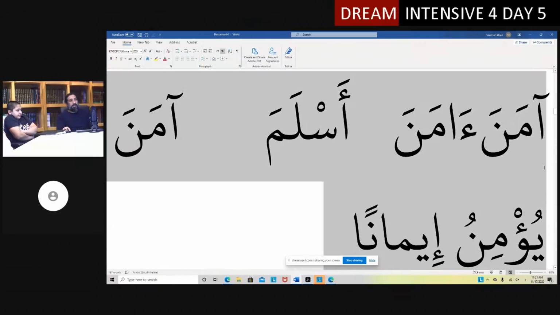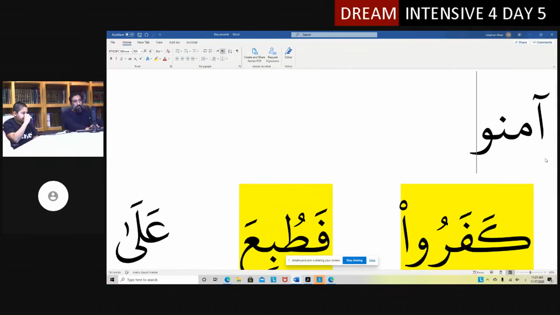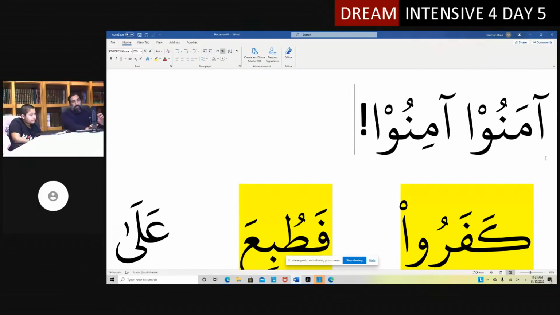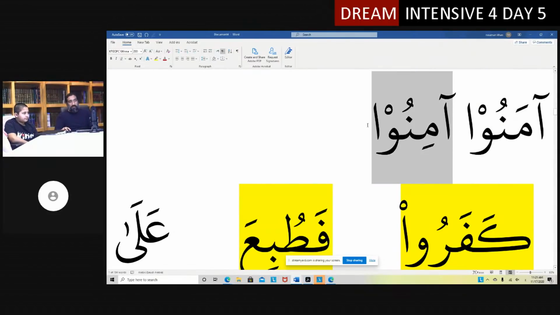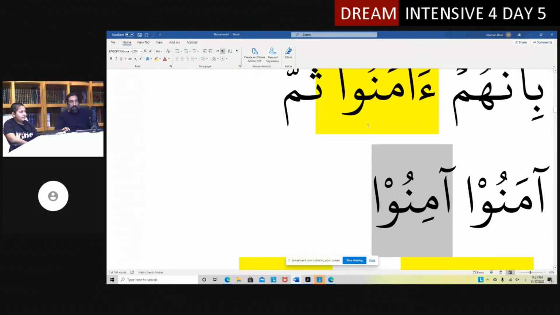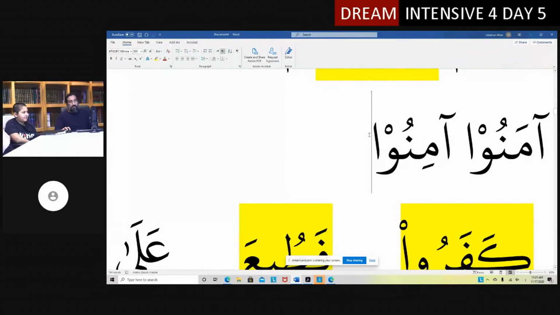It says this: ya ayyuhalladhina amanu, aminu. Amin is like aslim, the command. So Allah says, those of you who have believed, believe the command. Aminu. And inshallah, when you get a little more grounded in yourself, you'll appreciate that.